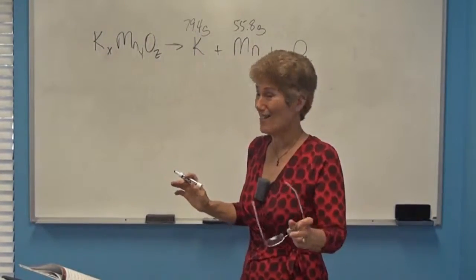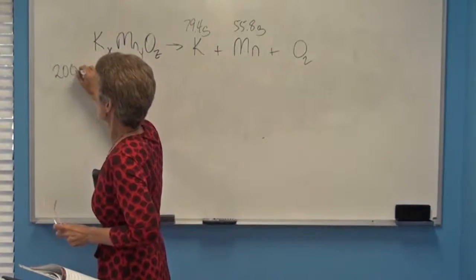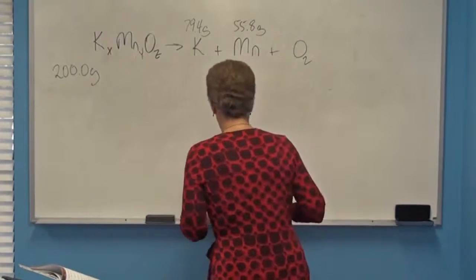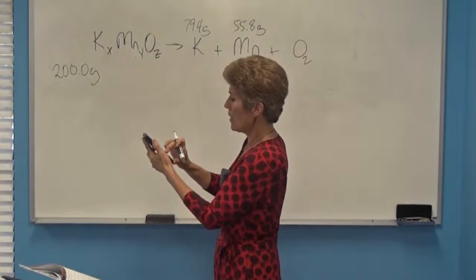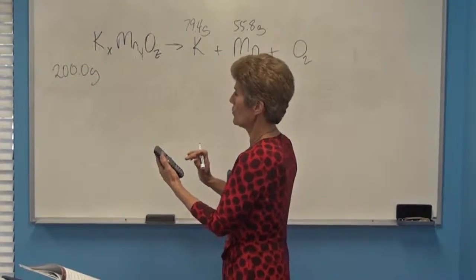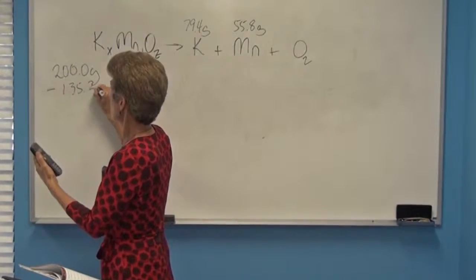But you know what they did tell us? They told us that the original sample was 200 grams. So if we add these two numbers up, 79.4 plus 55.8, it gives us 135.2.